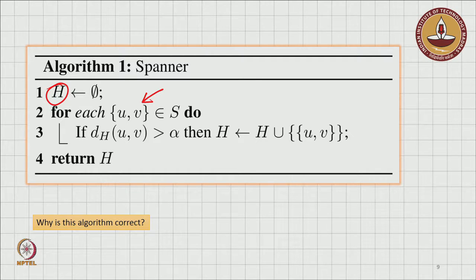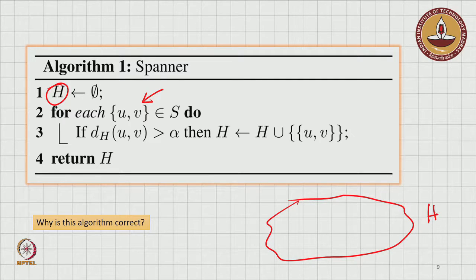We're going to be maintaining a graph H, initially empty, and when we get an edge UV, we ask ourselves what is the distance between U and V in the current graph H that we are maintaining. Okay. And just to remind ourselves, we are thinking of this as an unweighted graph.